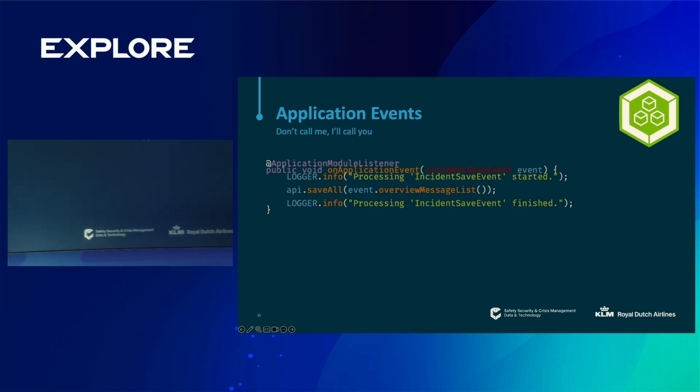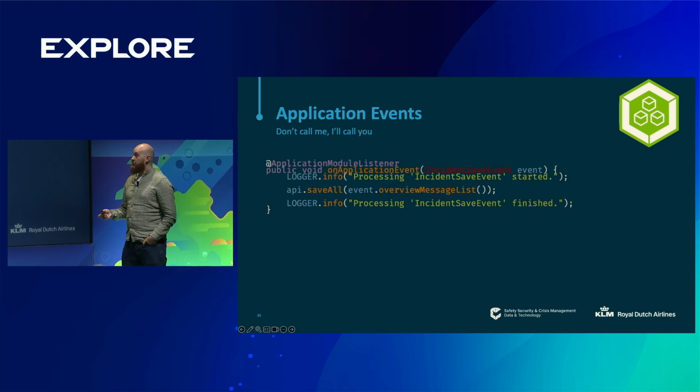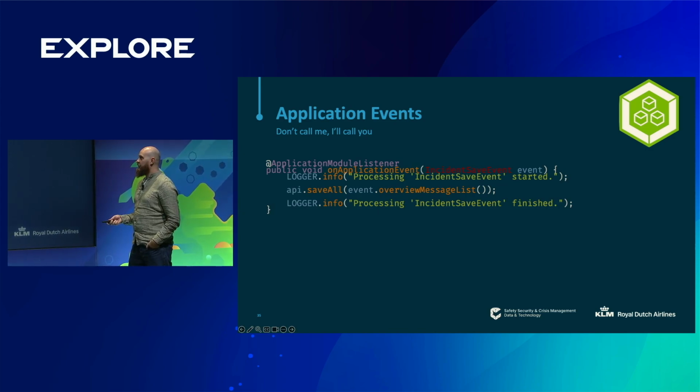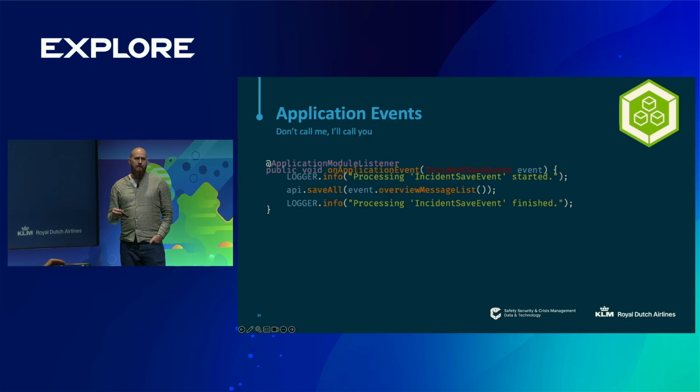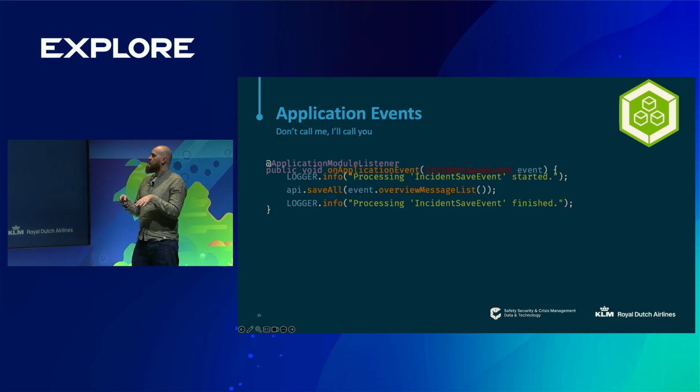So one of the unexpected things for me about using the Modulith project was Spring application events. Before using Modulith, we didn't really use application events, other than for things like on startup, core Spring events, never really for inter-module communication.